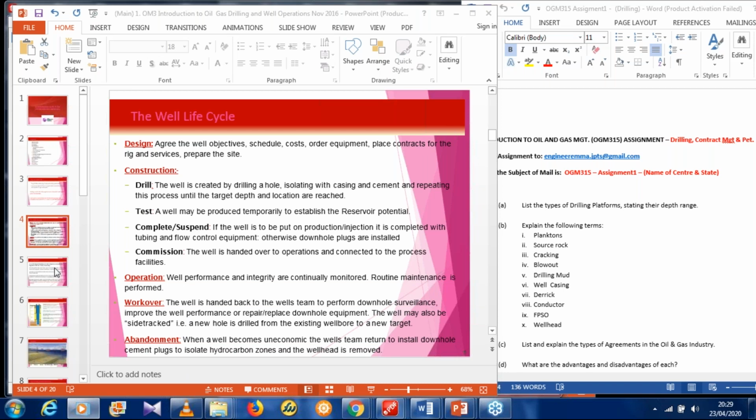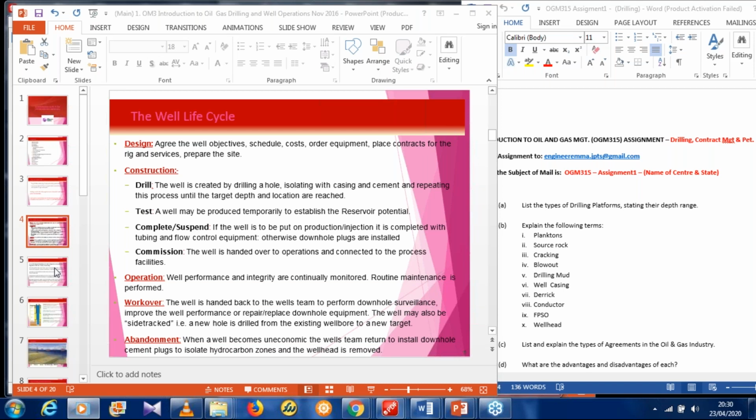Now, well performance and integrity are continually monitored in this process. Routine maintenance is also performed. The performance of the well is how much productivity it gives.